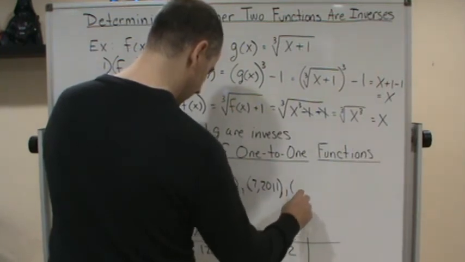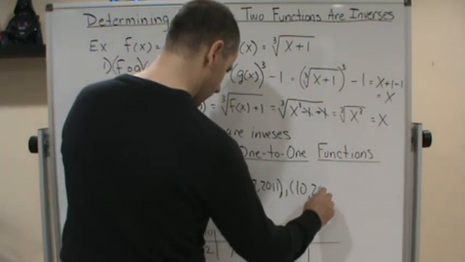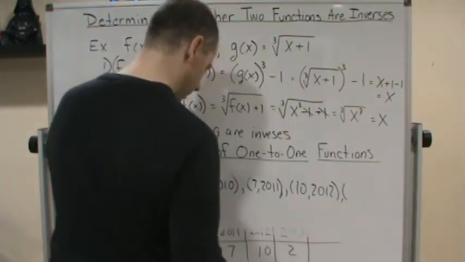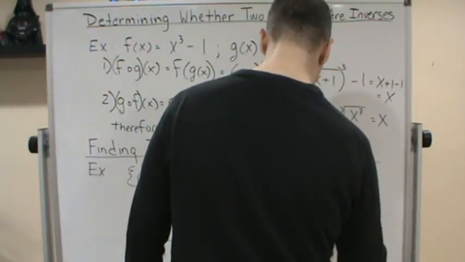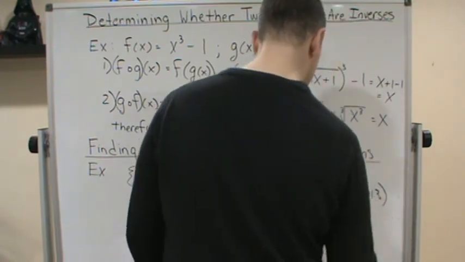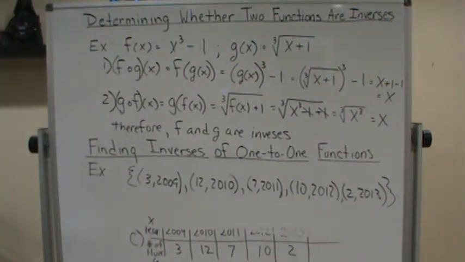And then 10, comma 2012. And then we have 2, 2013. And that's the way we would write it. And so that would be the inverse function.